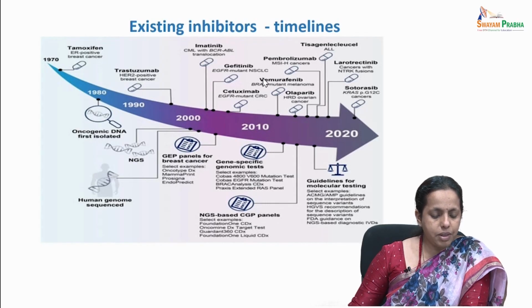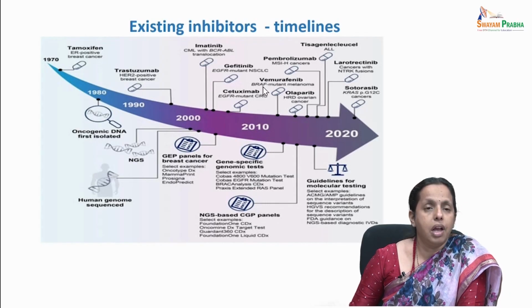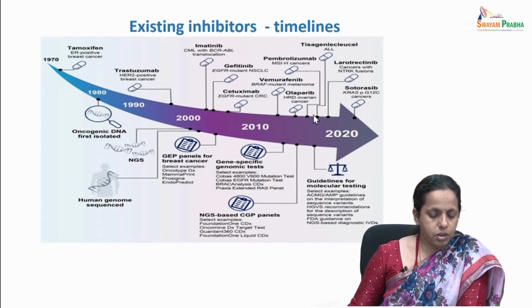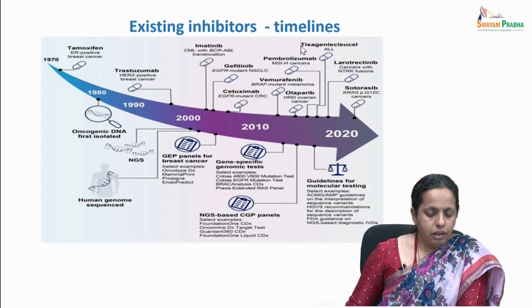But at the same time, what different drugs did you have this year? Vemurafenib, that is for BRAF mutant melanoma. Then you have pembrolizumab, and this is again for ALL.